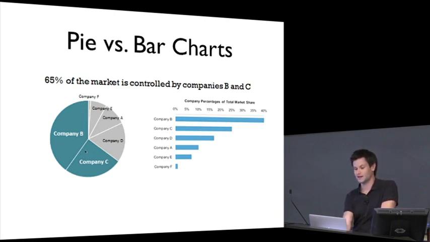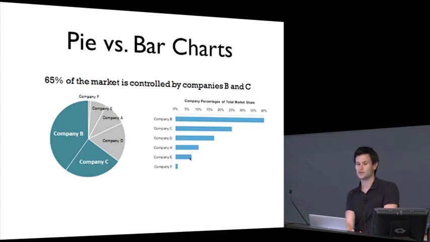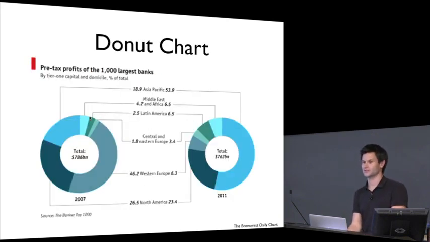One case is, for instance, if you're interested in how company B and C sum up together and what's their share of the whole, then it actually would make sense. But in any other case, it's much easier for us to interpret bars because length is a very effective visual variable, and angle is not, because here we need to judge angles. We need to transform an angle into a number, and we are not very good at this.